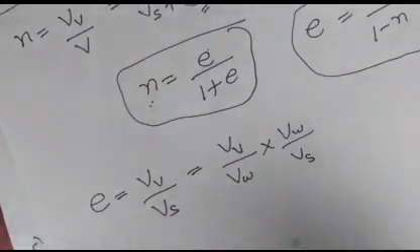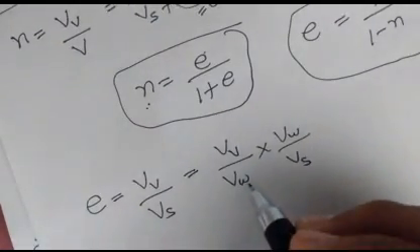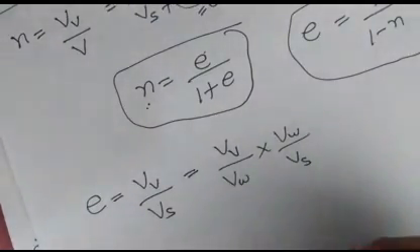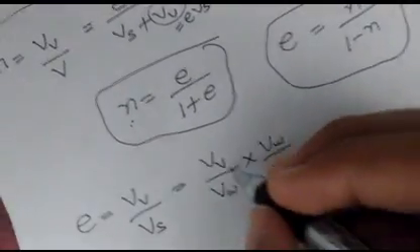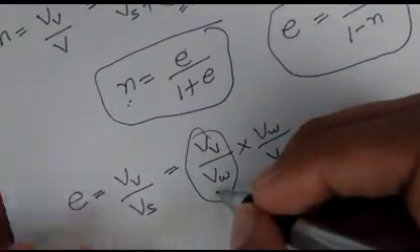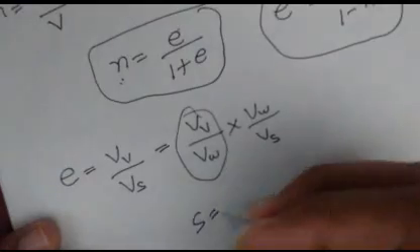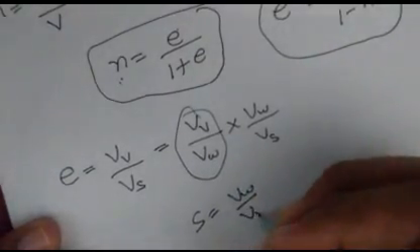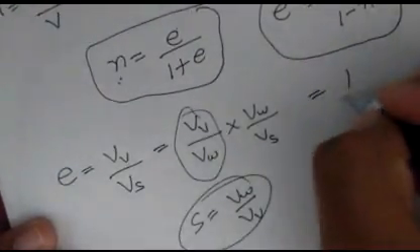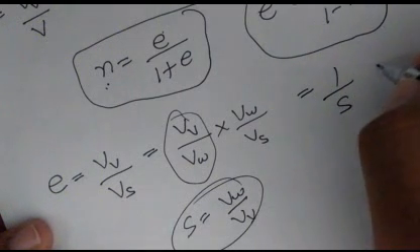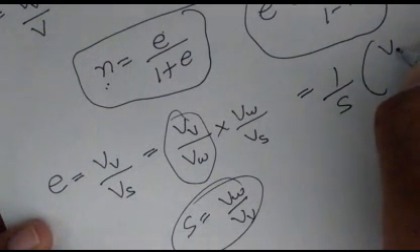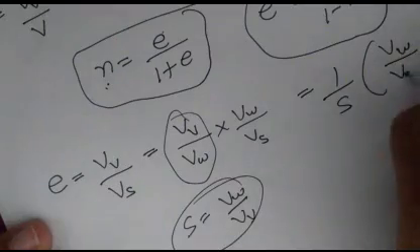If I want to include degree of saturation, I have to take volume of water into account somewhere. Degree of saturation is volume of water by volume of voids, so I can write this as 1 by S into volume of water by volume of solids.